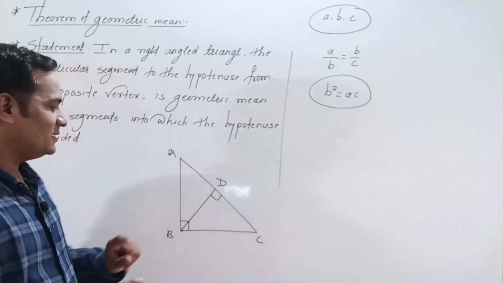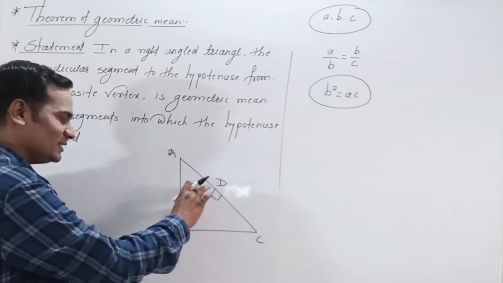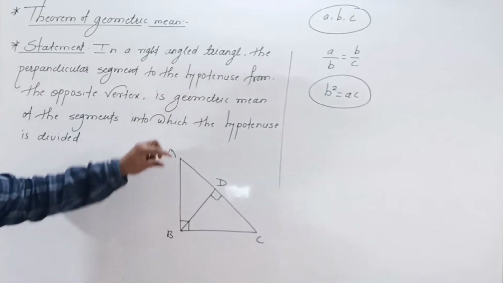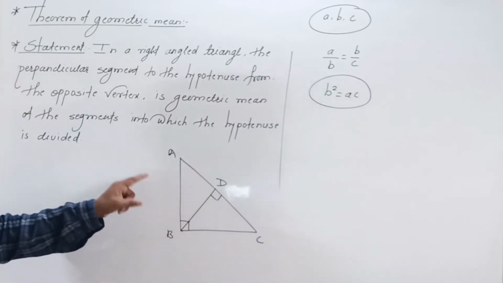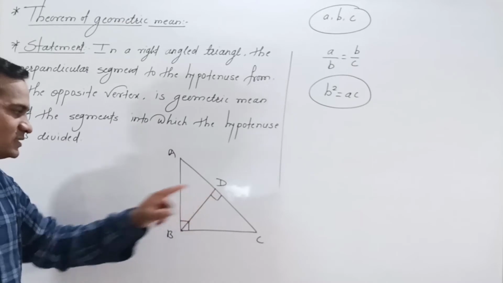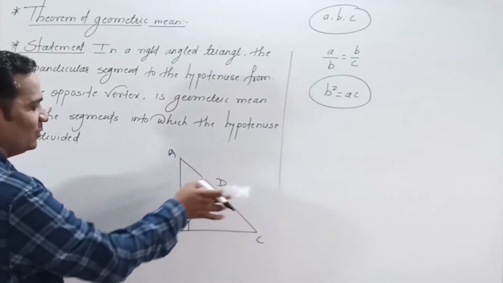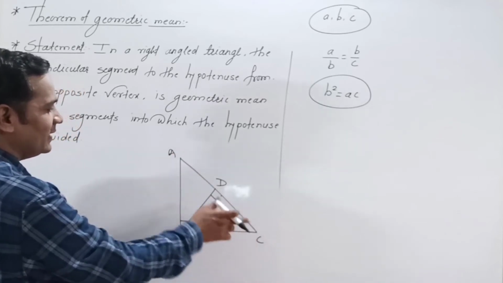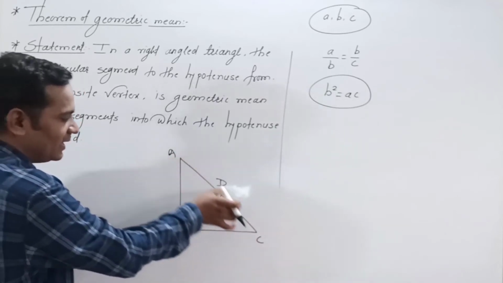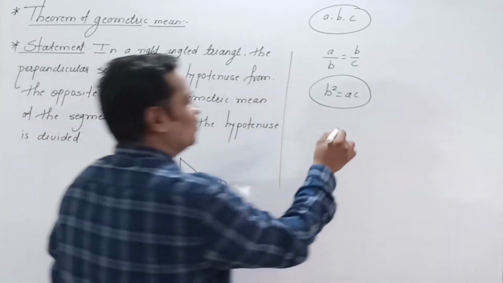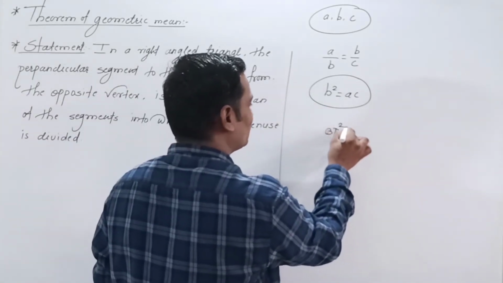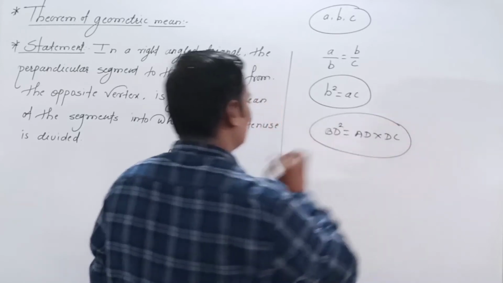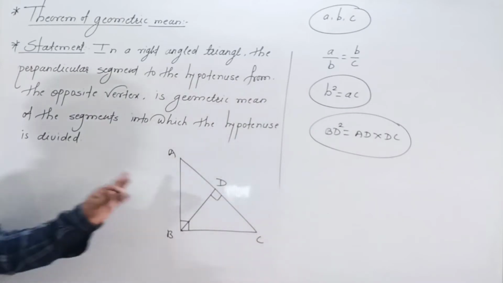So we have to take BD square, of which this is the geometric mean of the segments into which the hypotenuse is divided. Because of this BD, the hypotenuse gets divided into two segments, AD and DC. That means we have to prove that BD square is equal to AD into DC. And this is very easy to prove.